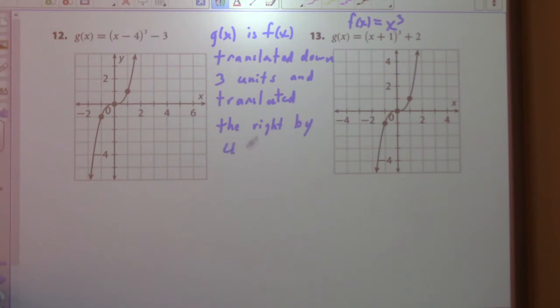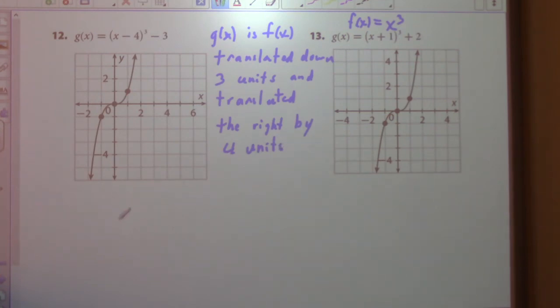So Chastity gave us this one, and then Chastity pretended to speak for Garrett, by 4 units, okay? But these are correct, right? Is everybody okay with that? Yes. Okay, good.